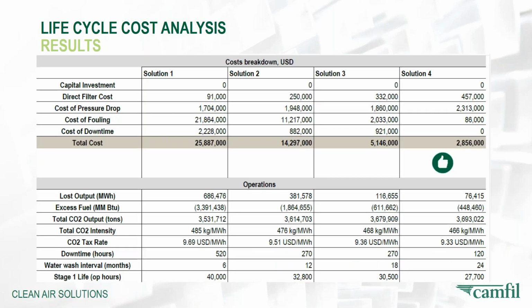So in this example, we could take them from being around $26 million to a little over $2 million to operate that system. When you see the data here, this is the data behind the bar graph. What's interesting to note, comparing solution 1 with solution 4, since that's the one we're recommending, is that we're asking the site to invest a good bit more in their filter cost over the 5-year period.